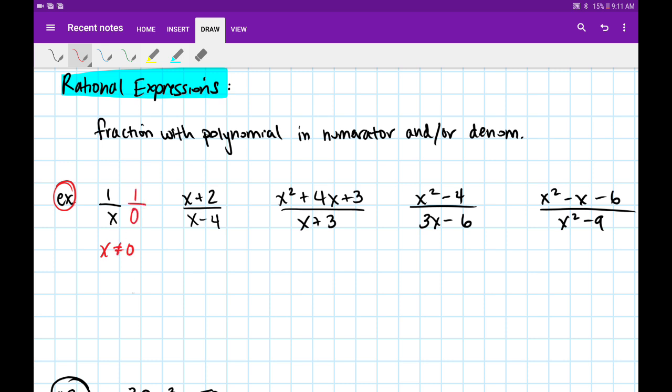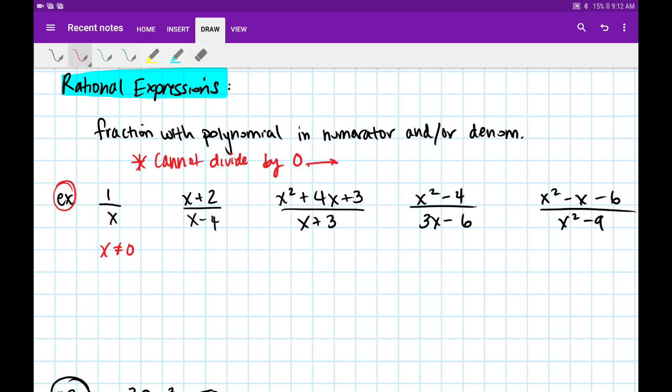If I were to plug in 0 for x, I will get 1 over 0, which is undefined. That does not exist. Okay, so you cannot divide by 0. Let's make a note. Cannot divide by 0. And since we have x's in our denominators, we have to watch out what we're plugging in. We need to make sure that that denominator never ever equals 0.